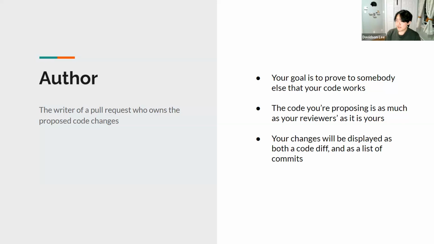So from that aspect, the code you're proposing is as much your reviewers' as it is yours, because ultimately this code is going to end up in your team's or your company's code, in the main branch of a repository where it will presumably be consumed. So even though you wrote the changes and you own the changes, they're not purely owned by you. They're also owned by the team and ultimately also your reviewers.